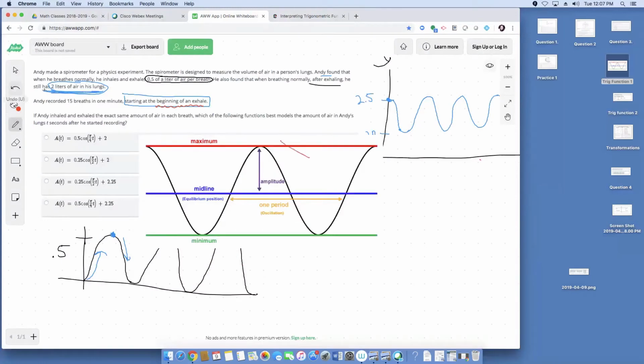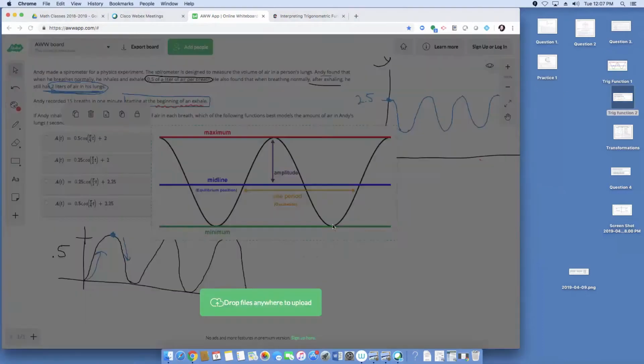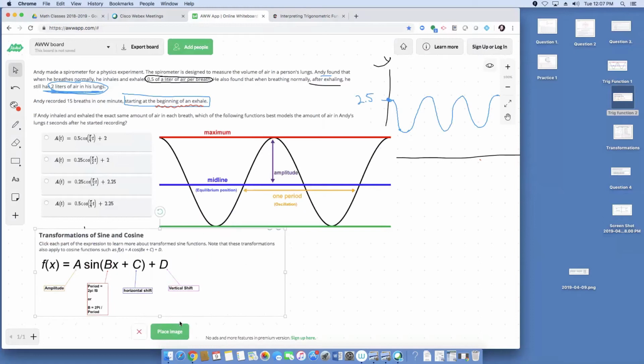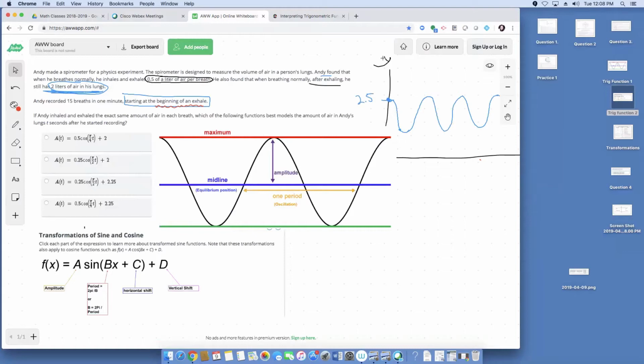Put that right there, and put this back here. Okay, hopefully everyone can see that. So we can see that we have a couple different answers. We have 0.5 in front of cosine or 0.25 in front of cosine. We just have to figure out which one is correct.